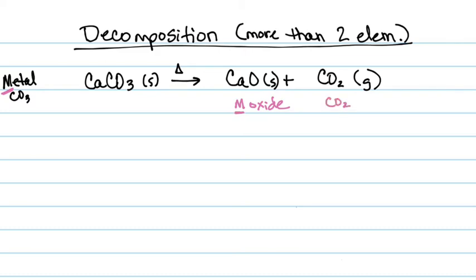So I could pick any other metal. Let's say I picked magnesium carbonate. Well, magnesium carbonate would break down into magnesium oxide and carbon dioxide gas. Or potassium carbonate, that would be K2CO3, but potassium carbonate would break down into potassium oxide and carbon dioxide gas. So I'm going to use a capital M here for our metals. Another one, what if you had a metal hydroxide?